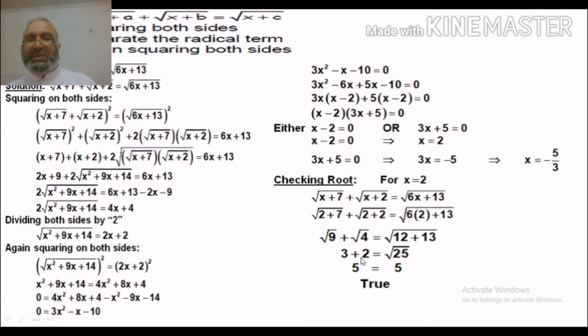That is square root of 9 plus square root of 4, which is 3 plus 2, 5, and square root of 25, which is equal to 5. 5 is equal to 5, true. The result is true. This means x is equal to 2 is a valid solution. That is the solution set.